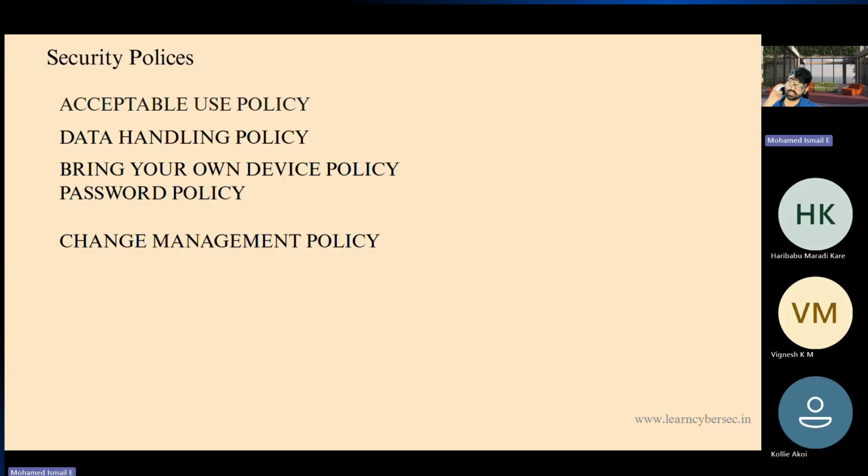Next, policies. Primarily, the governing policies are set by management, like the acceptable use policy. Whenever a user accesses any device, there is a policy they need to agree to. For example, you cannot expect privacy on your corporate laptop, right? It can be decrypted, stored, monitored, and even screen recording can happen on your company laptop.